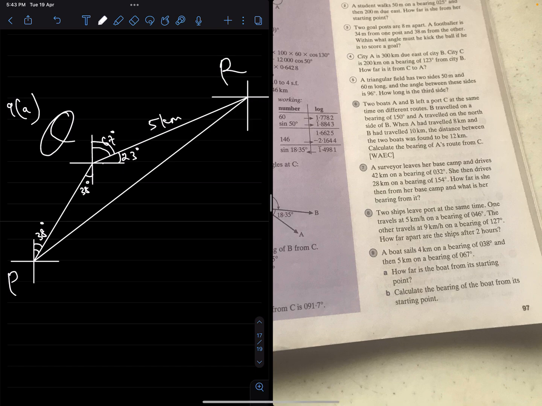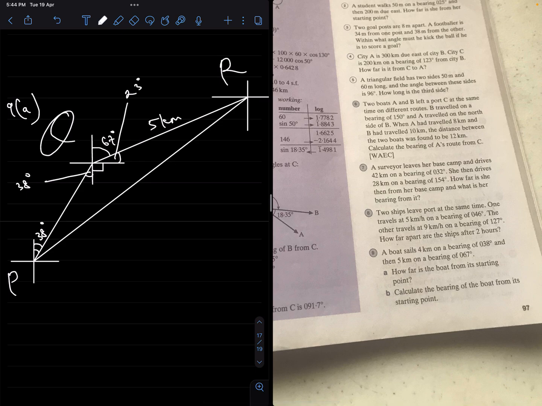Just to make my diagram a little neater, let me label 23 and 38 degrees outside the diagram. This is also 38 degrees.